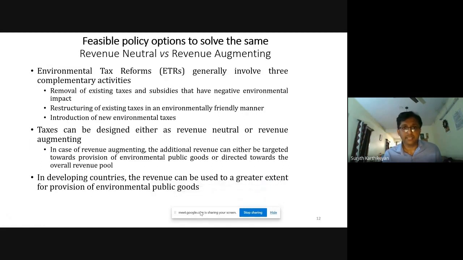Now, tax can be designed either as revenue neutral or revenue augmenting. In the case of revenue augmenting, the additional revenue can either be targeted towards provision of environmental public goods or directed towards the overall revenue pool. In developing countries, the revenue can be used to a greater extent for provisioning environmental public goods. So this is the difference between revenue neutral and revenue augmenting measures we could use with eco tax.